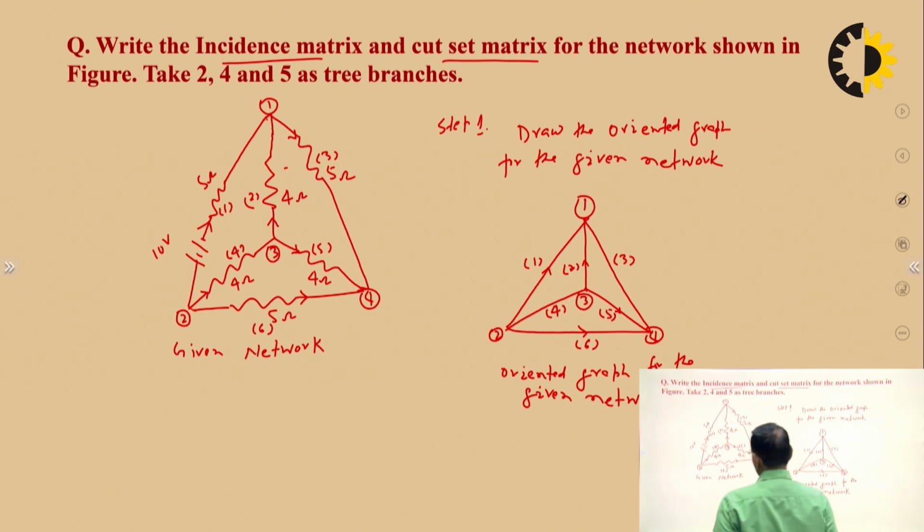The first step is, if the network is not oriented, first you have to orient the network, assign the branch numbers, and then draw the oriented graph. From the oriented graph we can write the incidence matrix. So for the incidence matrix, we go to the other page.